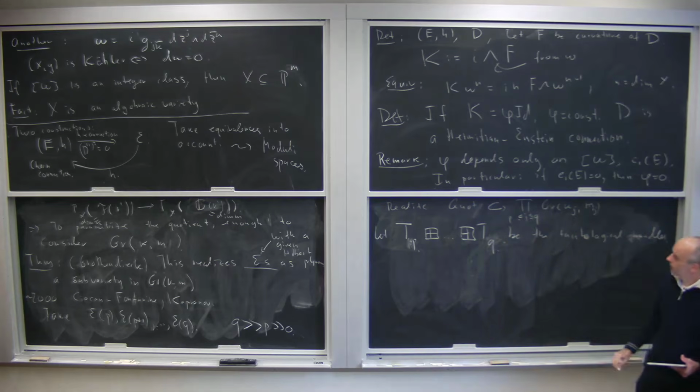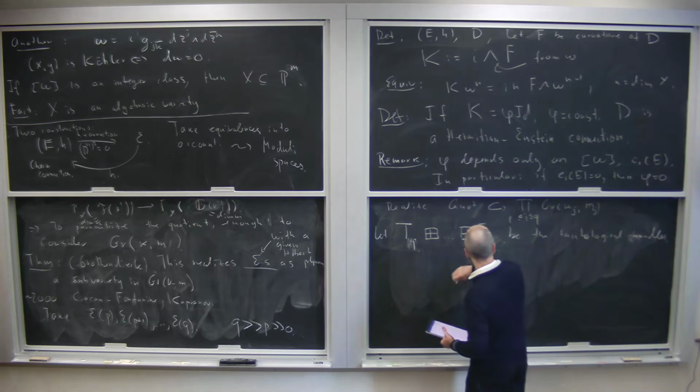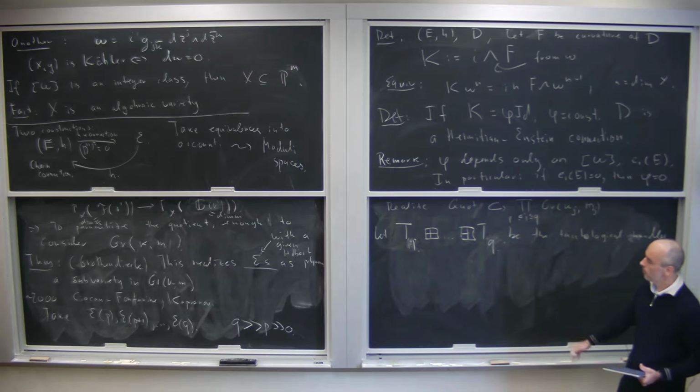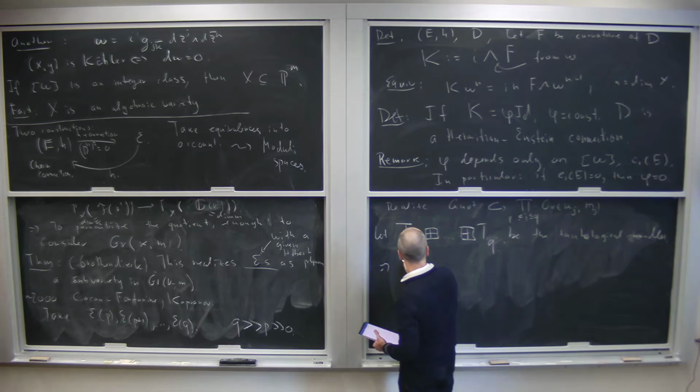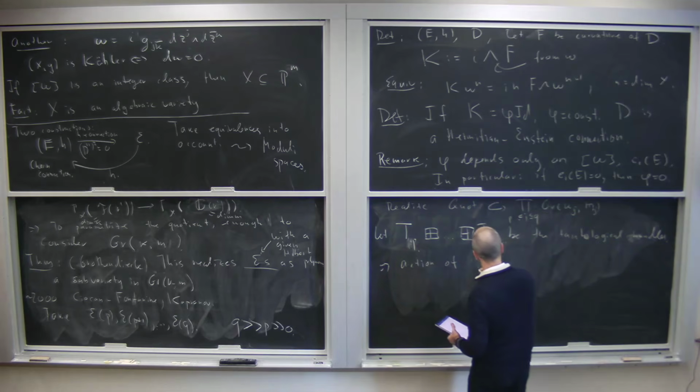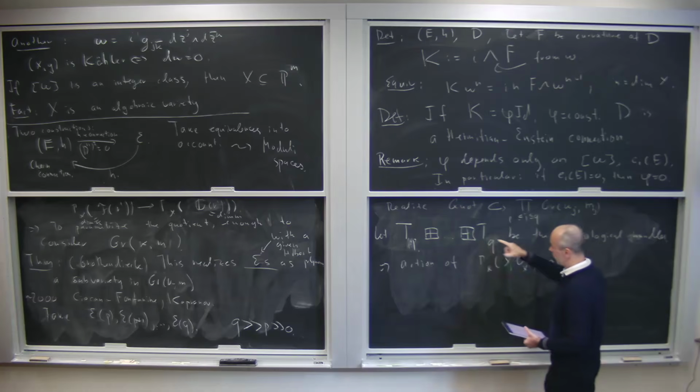Some of them, then they sit inside the sum of all possible, and then we have the action of the homogeneous ring on this.